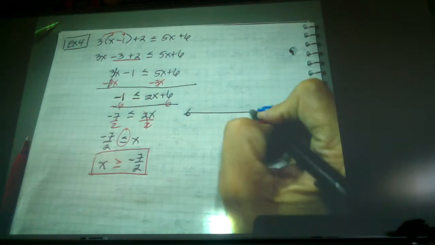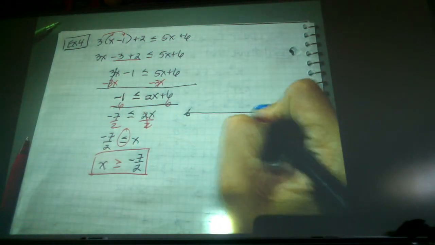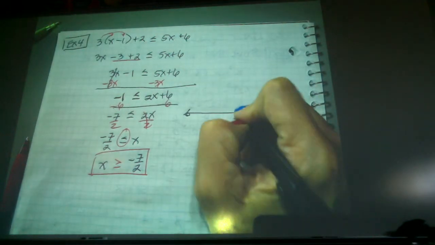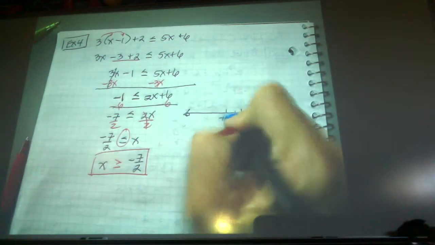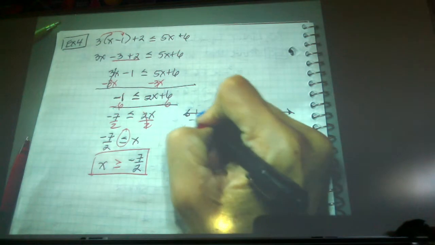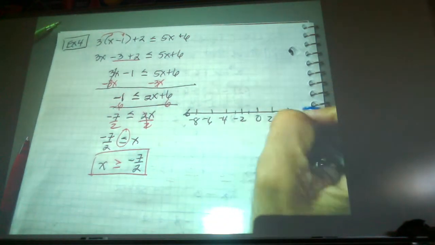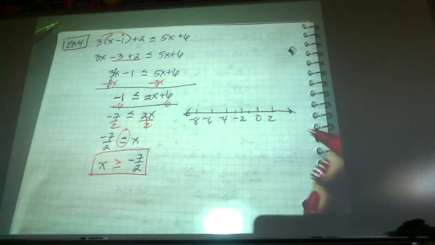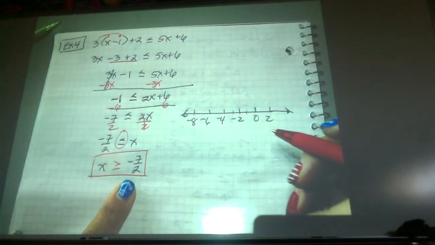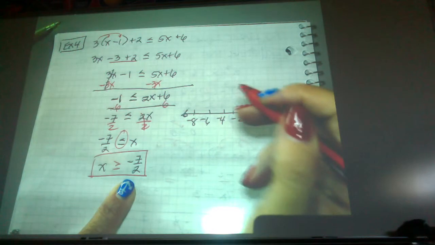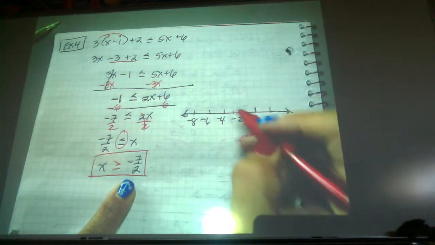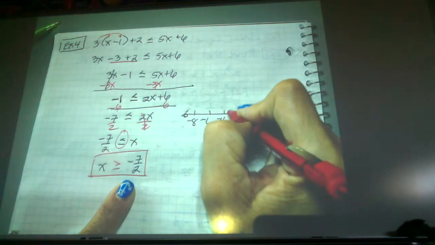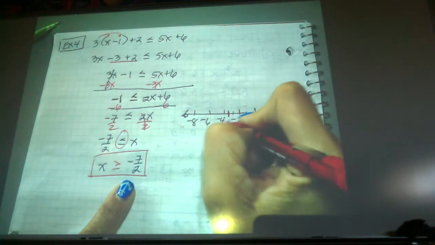So you put 0 here, negative 2, negative 4. Since I partition my number line to where I don't have negative 7 halves as a number on there, I'm going to actually physically put it in there. So here's negative 3.5, it would go right here. So this is negative 7 halves.